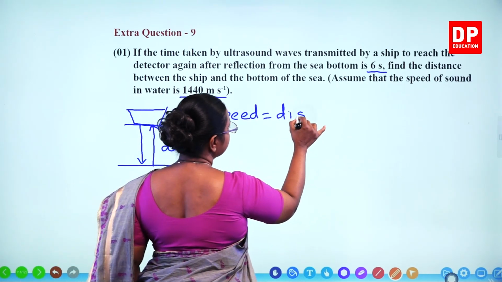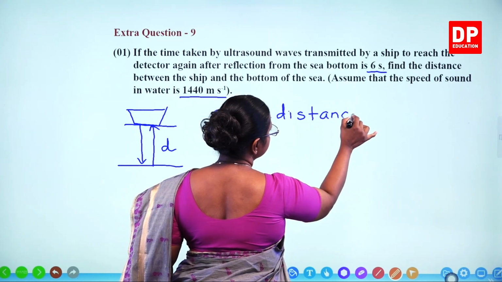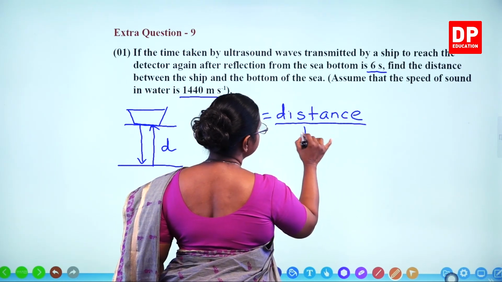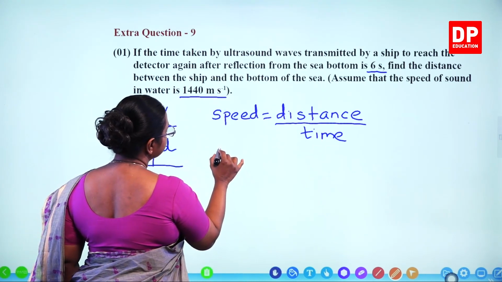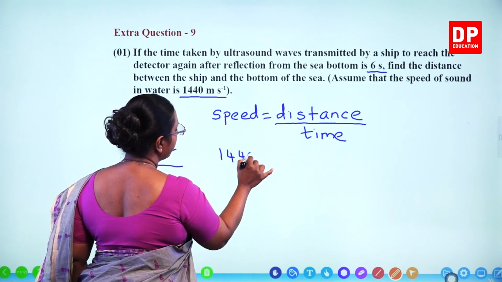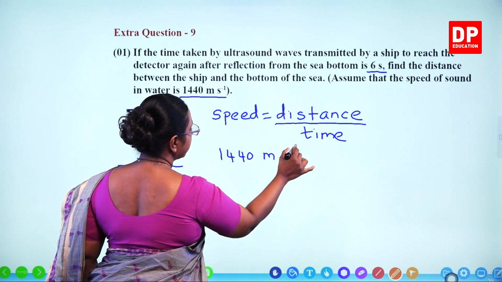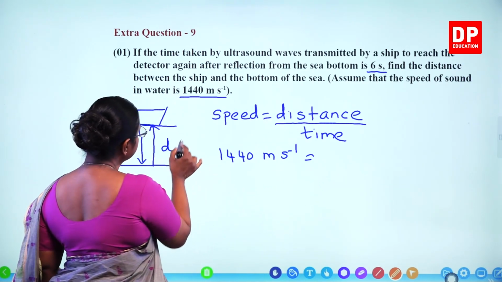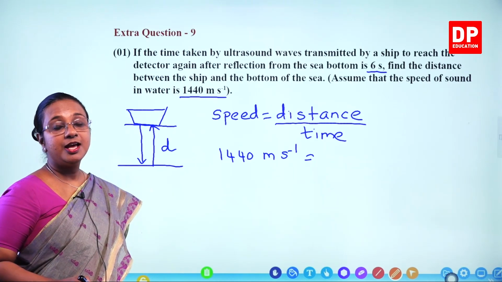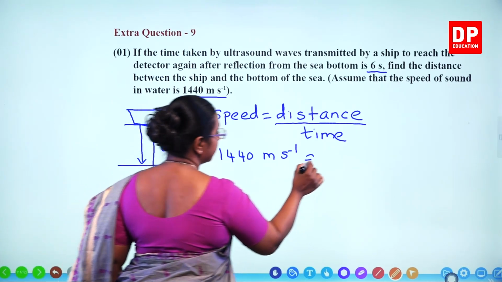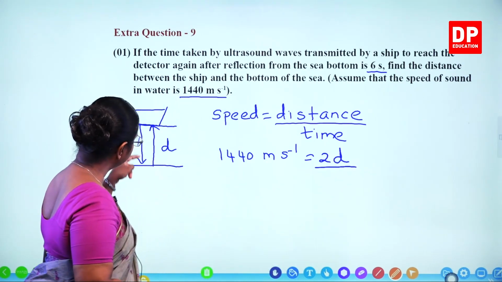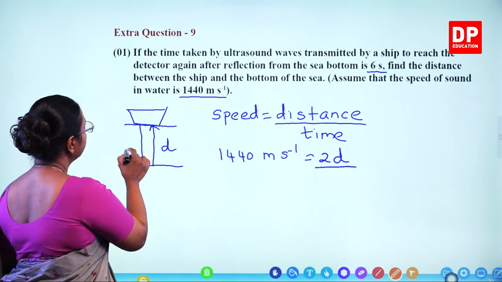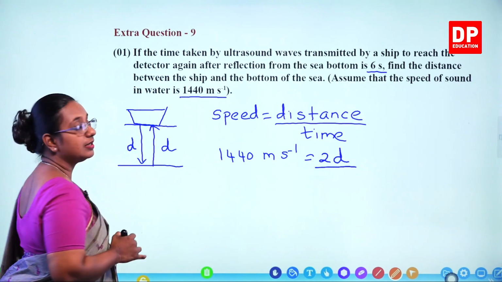Speed equals distance divided by time. The speed is given to you as 1440 meters per second. And distance, do you write d? No, you have to write it as 2d. Why? The sound travels once here and then goes back to the detector.